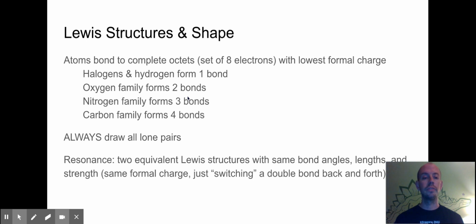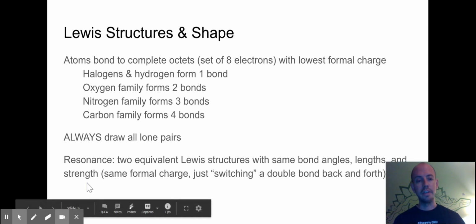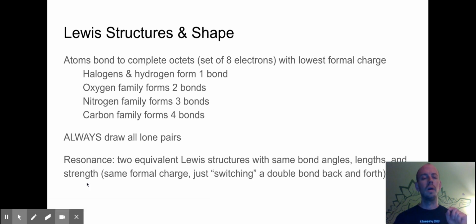But resonance, more than being able to draw the 2 structures, the definition and what it means is more relevant here. It is a compound that can't be completely represented by just one Lewis structure, that it's really somewhere in between 2 different versions that gives us the best picture of what's happening with the bonding.